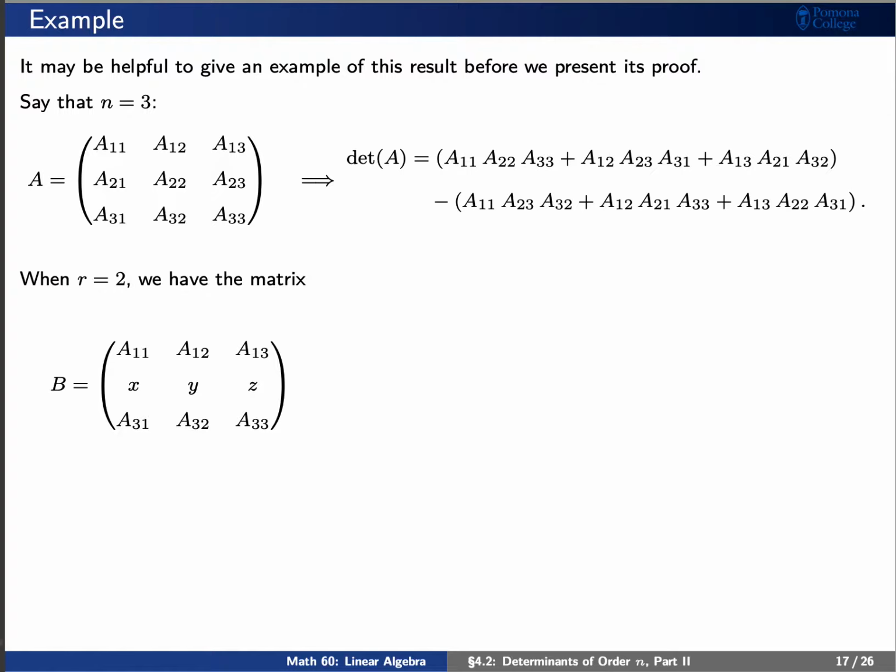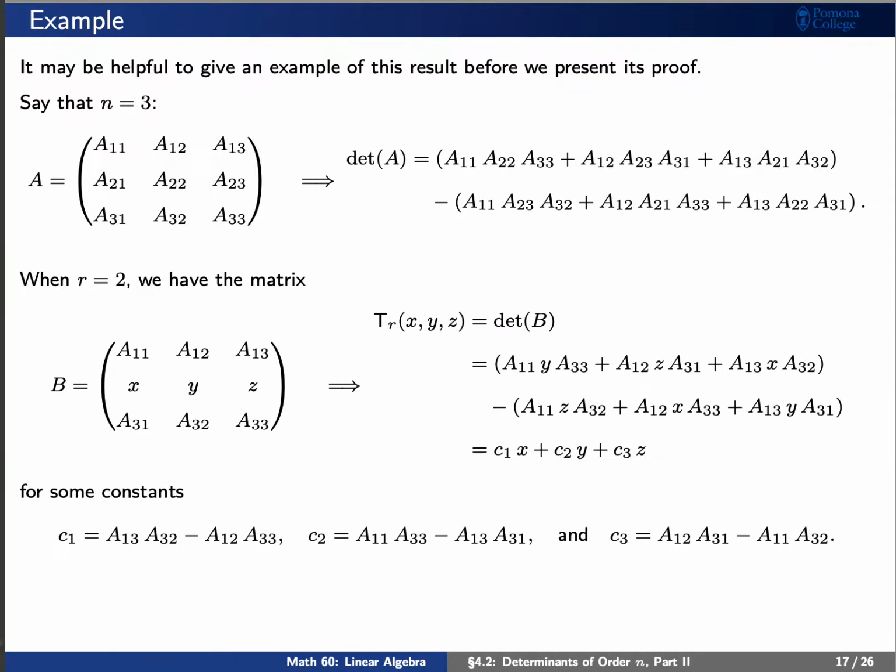We're going to think of x, y, z as 3 variables. Upon computing the determinant here, we then have our desired function Tr, which is a function of the variables x, y, and z. Here, we're simply taking the expression for the determinant as above, and we're replacing a21 with x, a22 with y, and a23 with z.